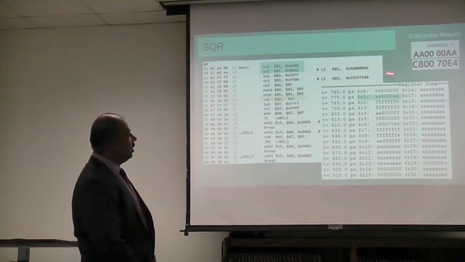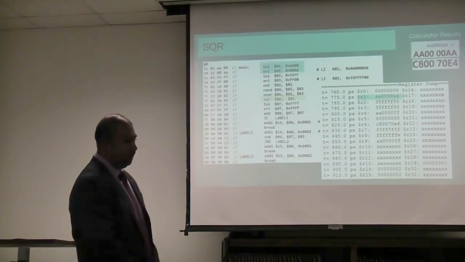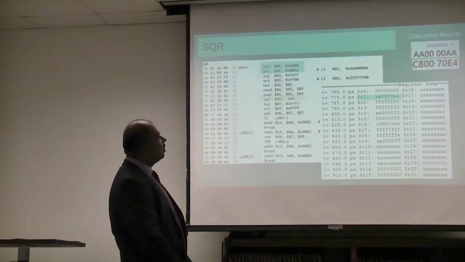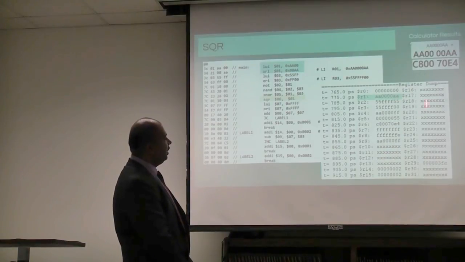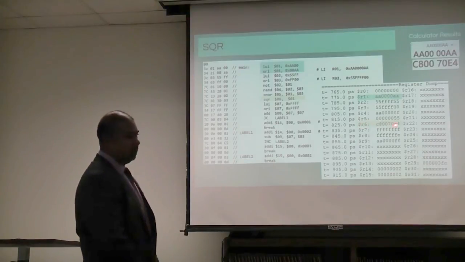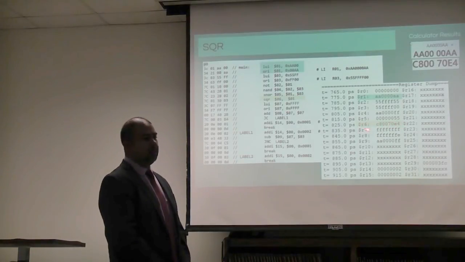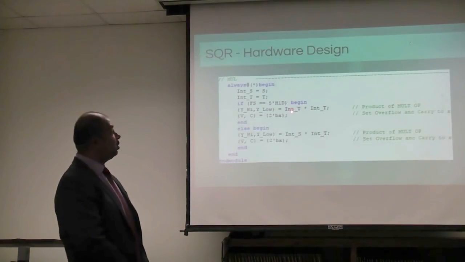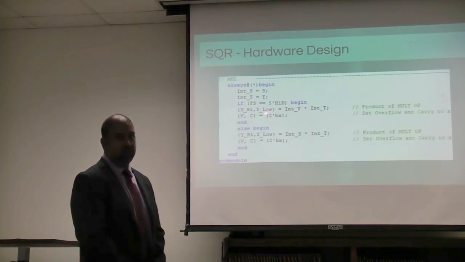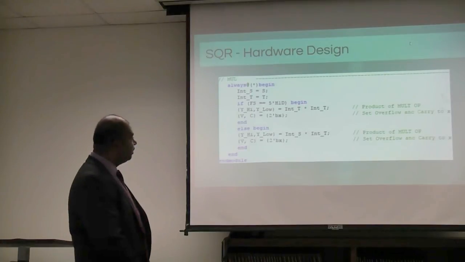Unfortunately, I should have displayed it, and I realized it later on. And so that result is being displayed there in R6. So we basically took the value and multiplied by itself, stored the value. We did store it into the high and low. Obviously, we're only displaying the low, not displaying the high.